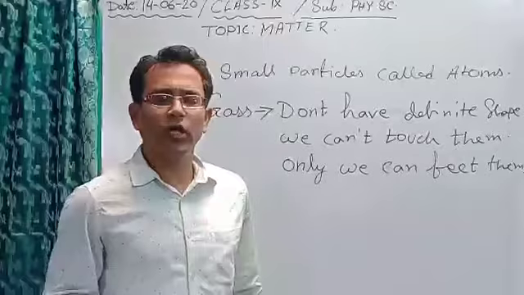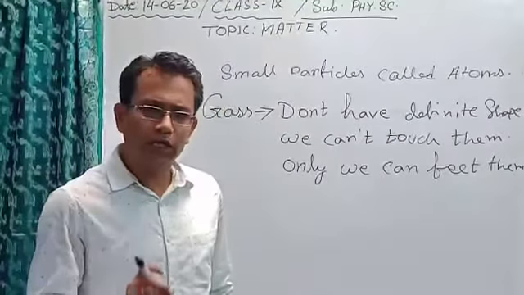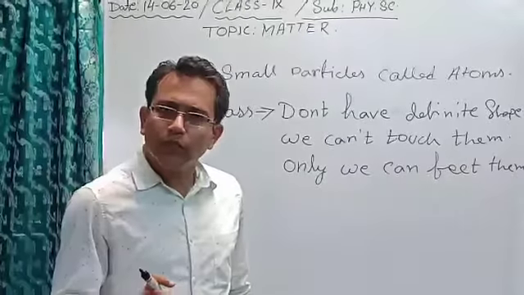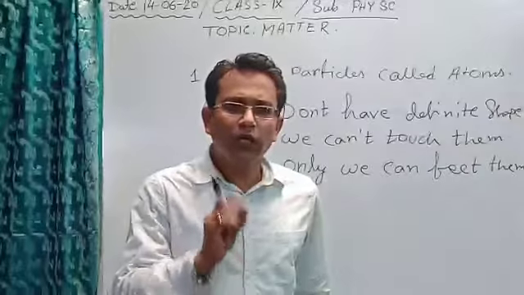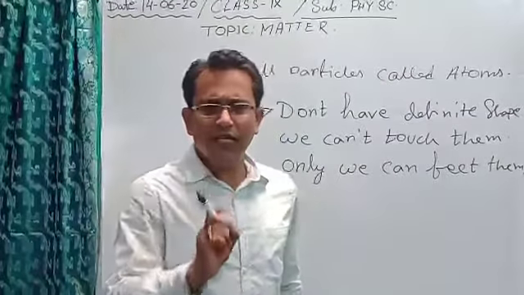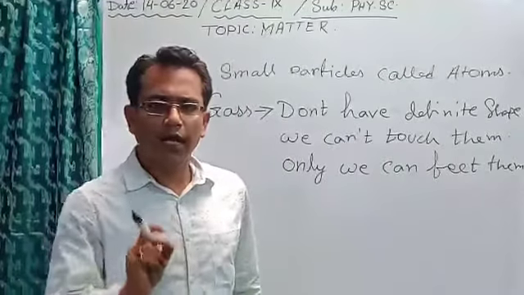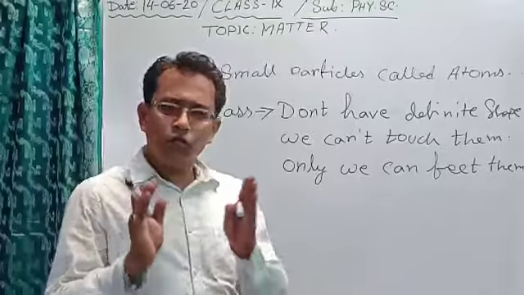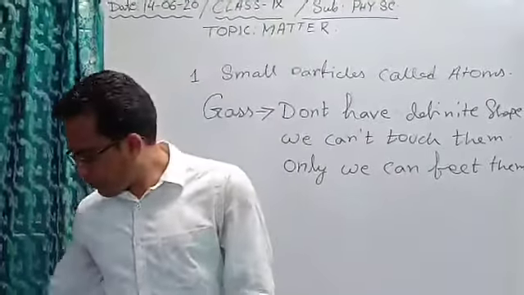Their molecules are very loosely packed up. We cannot touch them, we cannot get any definite shape of them, we can only feel them. So in the physical nature, matter is of three types, and they are solid, liquid and gas.